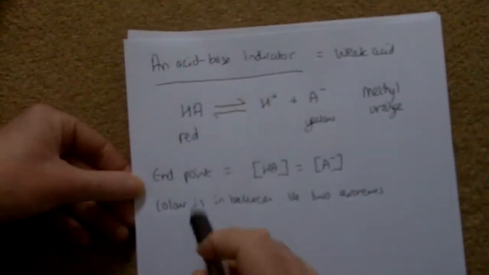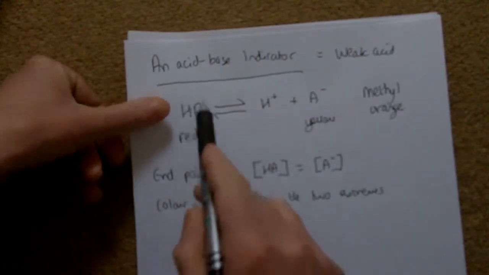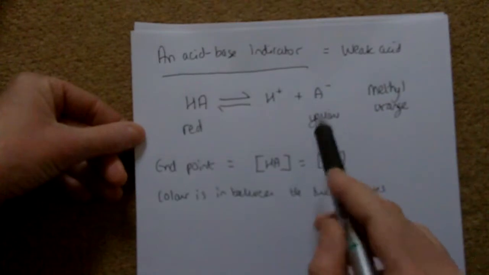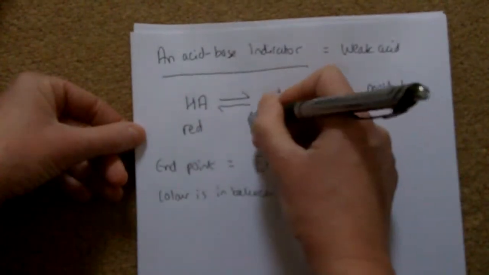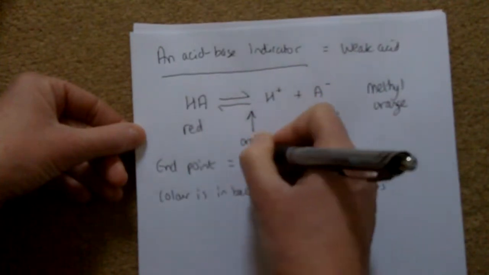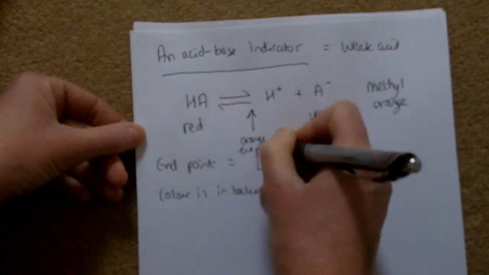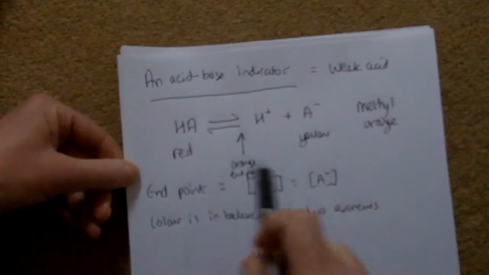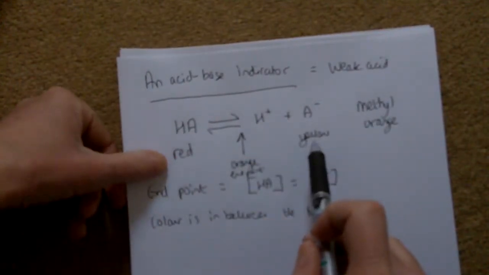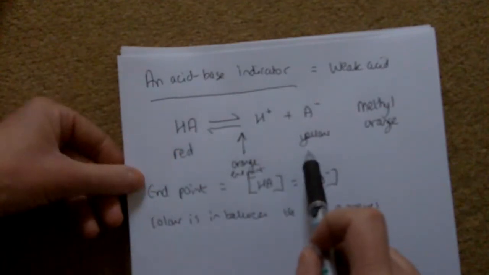So in this example, if red is the acid form and yellow is the conjugate base form, the end point will be orange. So that's the end point of the titration. It's the mixture of the two colors.